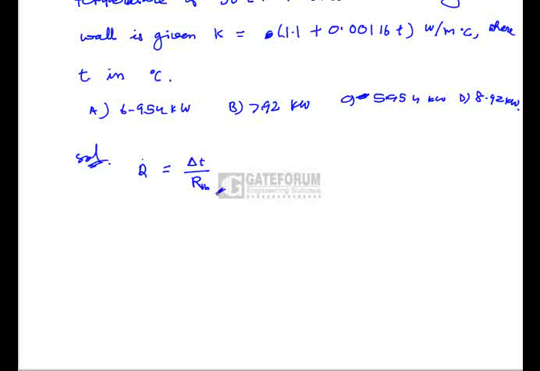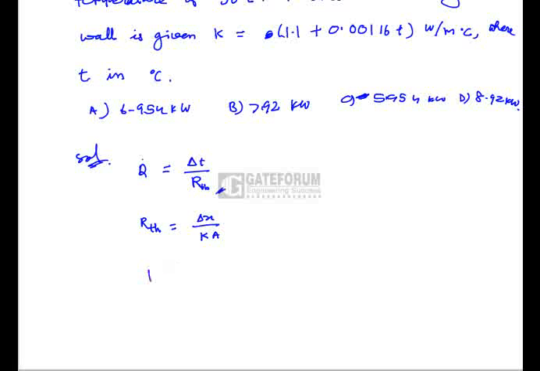Here delta T is the change in temperature between the outside and inside of the cylinder, and thermal resistance can be obtained by using the formula del X by K, where del X is the thickness of the furnace and K is the mean thermal conductivity of the material and A is the surface area, and here surface area is given by 1 square meter.